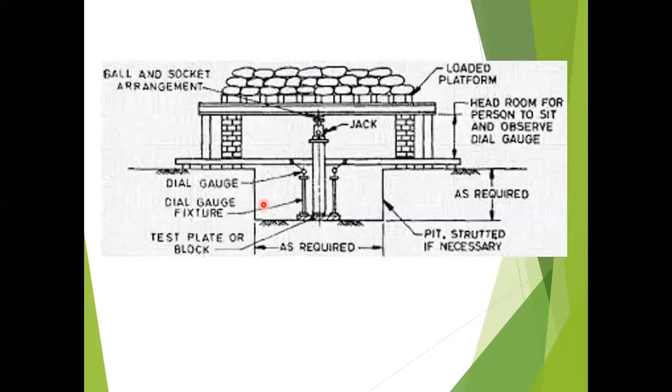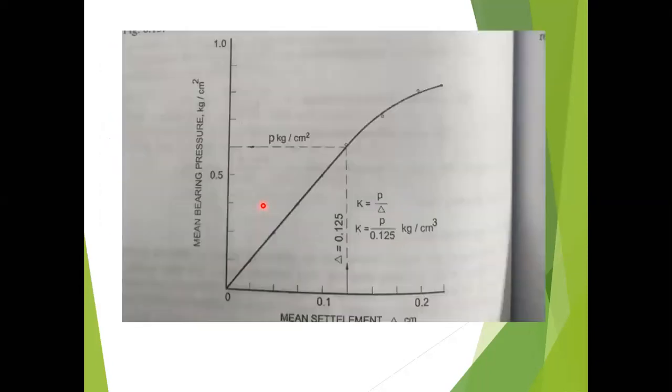You can see the diagram. The usual arrangement in the field is like this. For every 0.25 you have to measure: 0, 0.25, 0.5, 0.75, then 1, which in centimeters is 0.1, next 0.125, 0.15, 0.175.